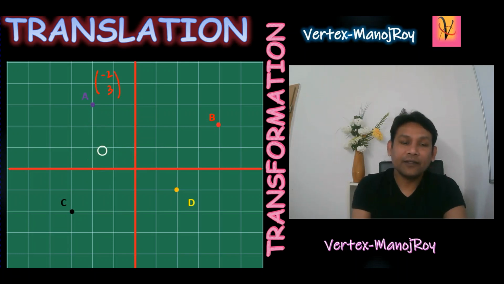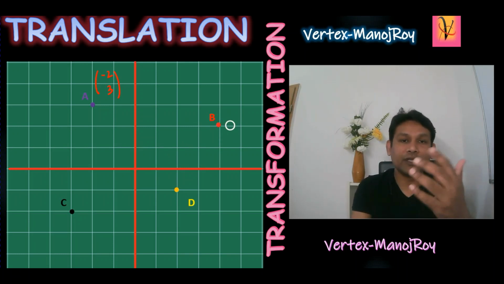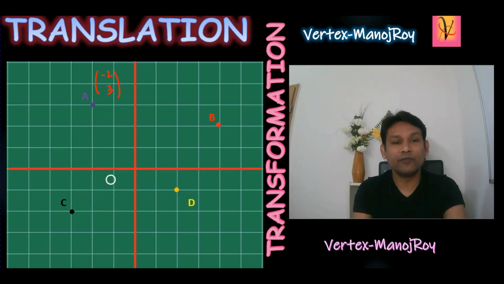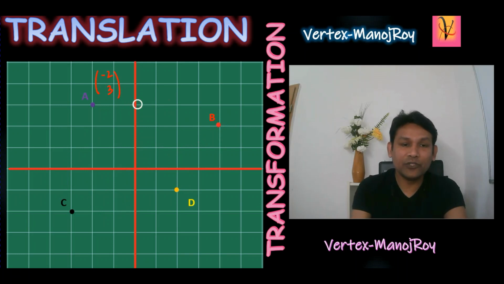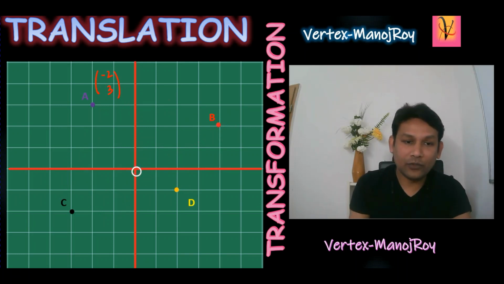Okay, B is 1, 2, 3, 4, and this is 4, 2. The coordinate is (4, 2). You can write 4 and 2 in column vector form. That is a position vector. You can write this as a position vector from the origin.